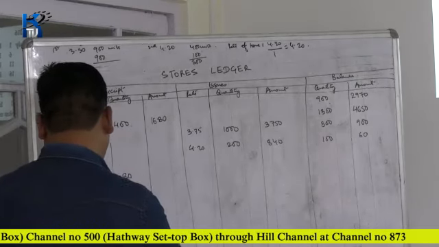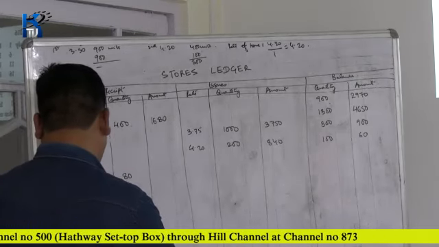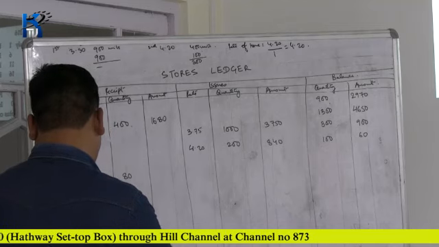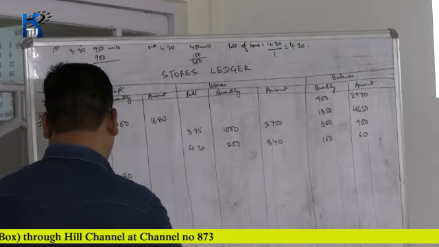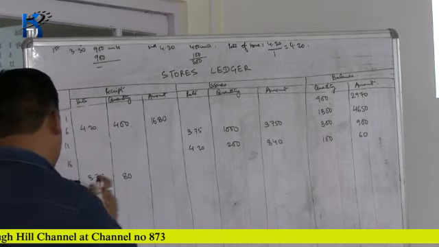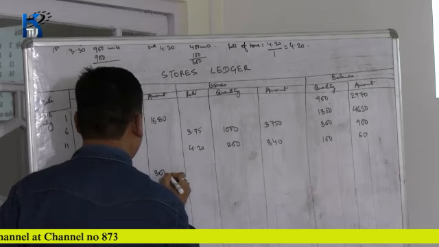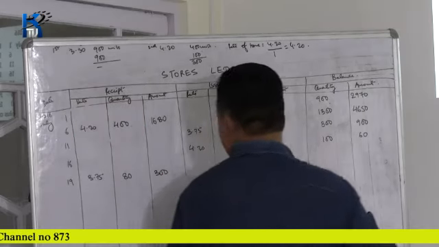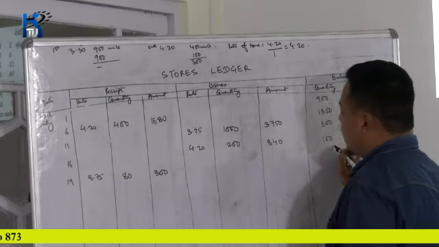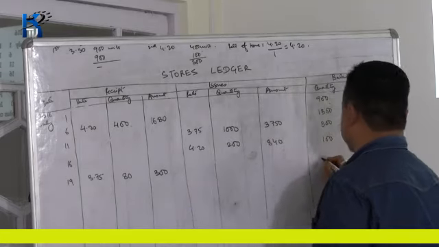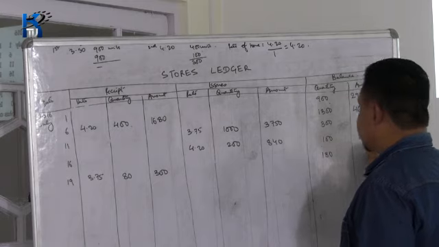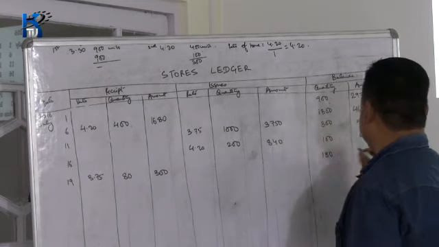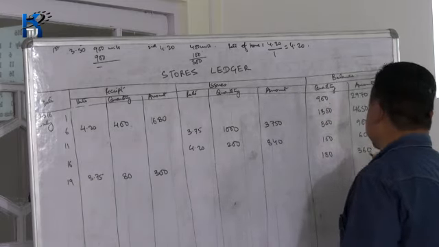So 80 into 3.75 amounts to 300. So the quantity, already we had 100 units plus 80 equals 180 units. Amount 60 rupees plus 300 amounts to 360 rupees.